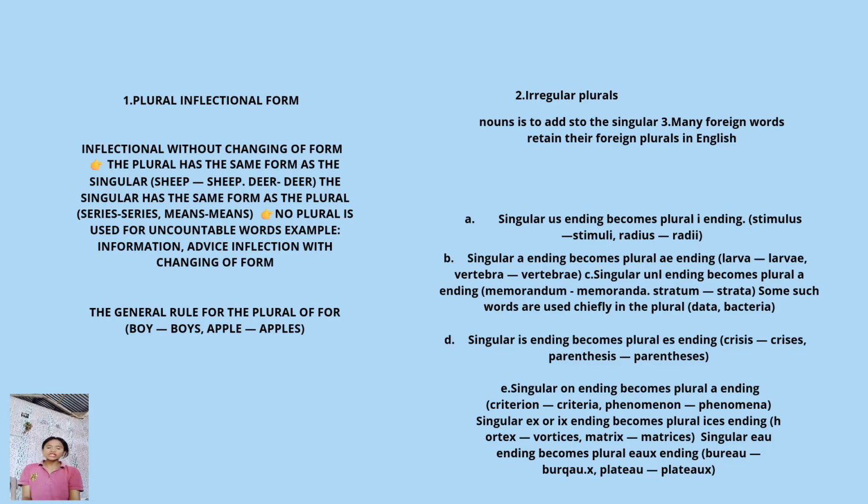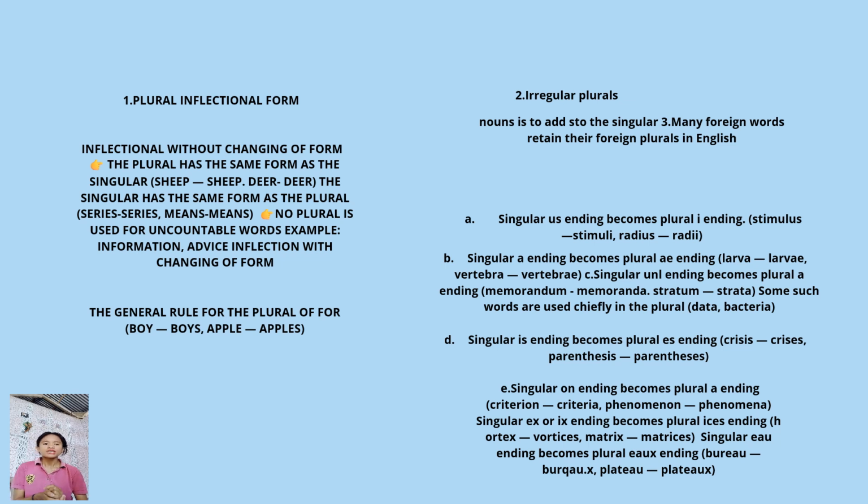And we move to the second, irregular plurals, where a suffix is added to the singular noun. The third is that many foreign words retain the foreign plurals in English.